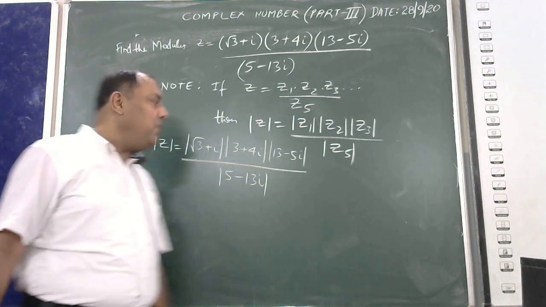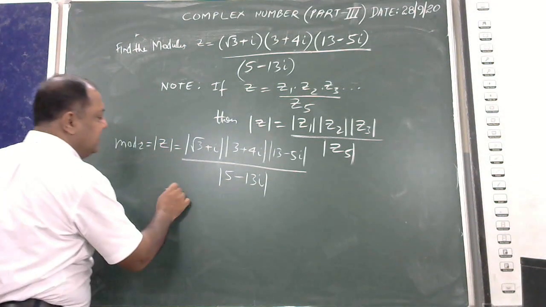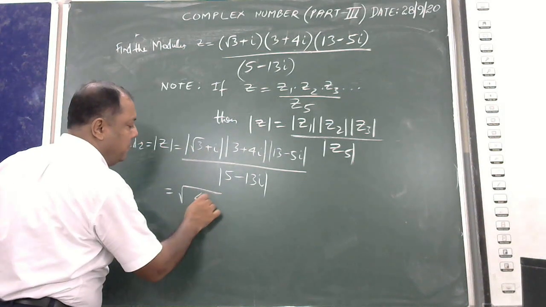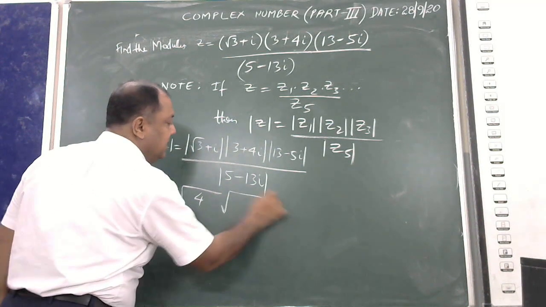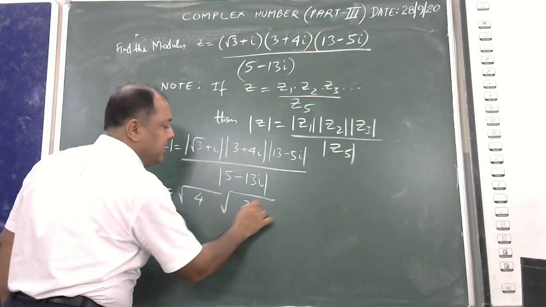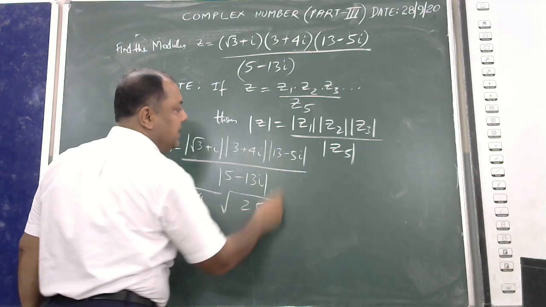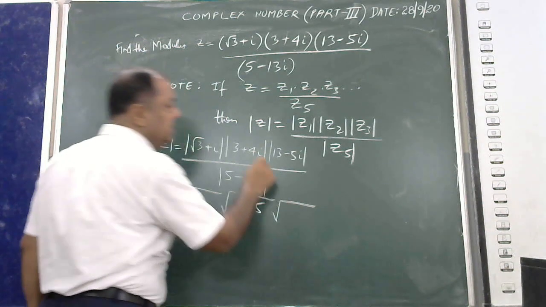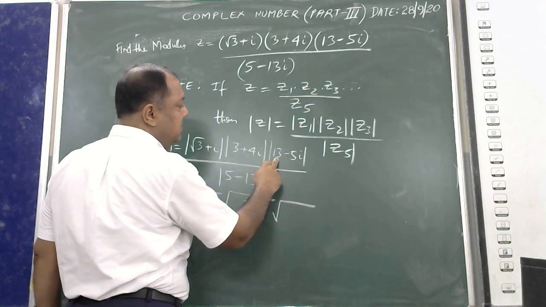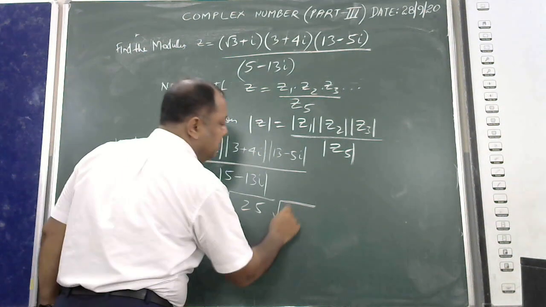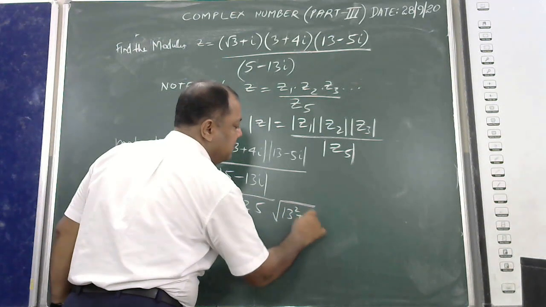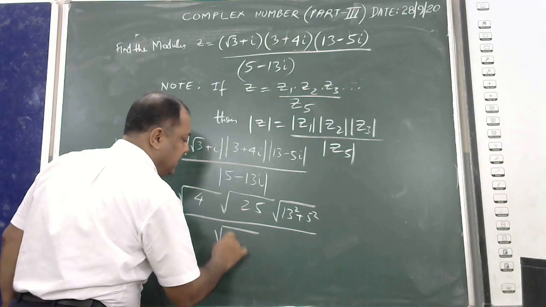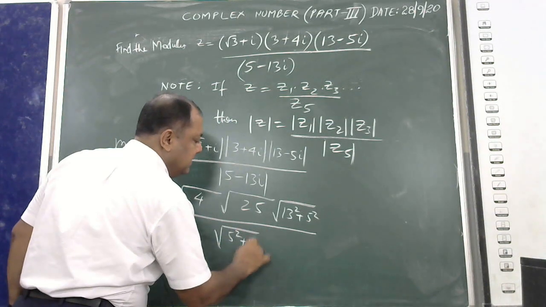So to avoid that, I can write this as root of 3 square plus 1 square, which is 4, root of 3 square plus 4 square, which is 25, and so on.